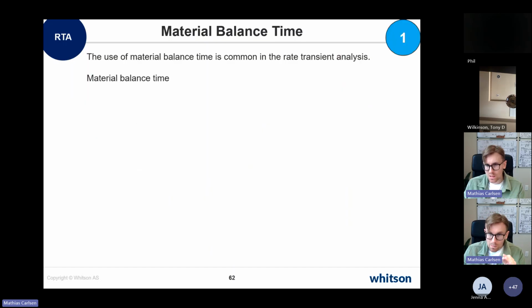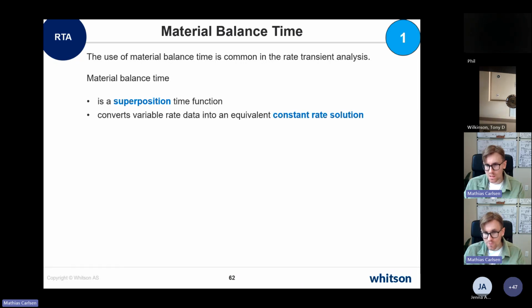Material balance time is very common to use in rate transient analysis. The method is the so-called superposition time function, which means that it converts variable rate data into an equivalent constant rate solution. So it takes changing rates and pressures into a world where everything is constant rate.